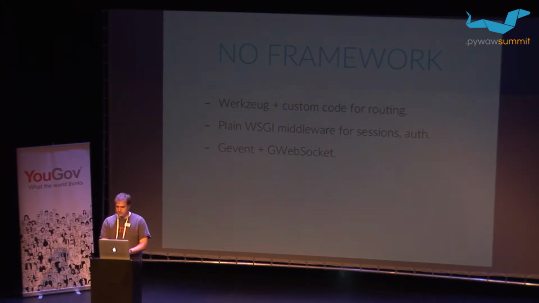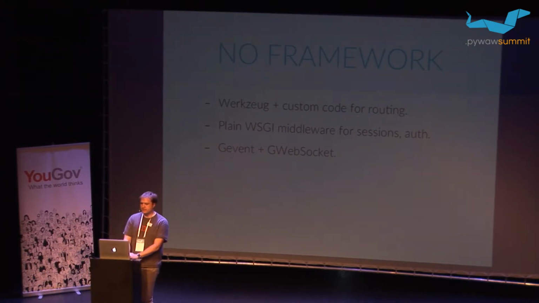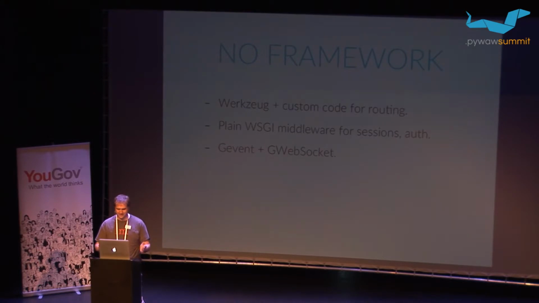So for this app at least, we're going to throw out the framework. We're going to take a library whose pronunciation is challenging. It depends on which continent you're from. Americans pronounce it Werkzeug. Here in Europe, Werkzeug is probably more idiomatic. We're going to use that and just a tiny bit of code on top, and you kind of have your own 100-line micro framework.